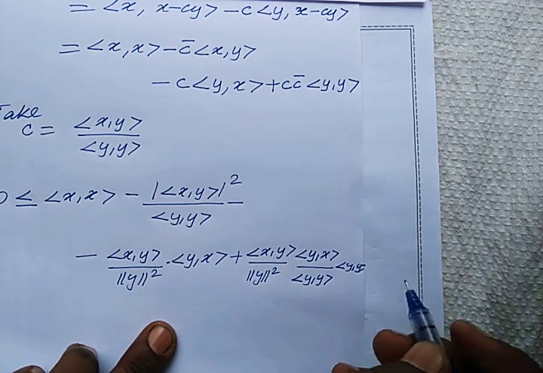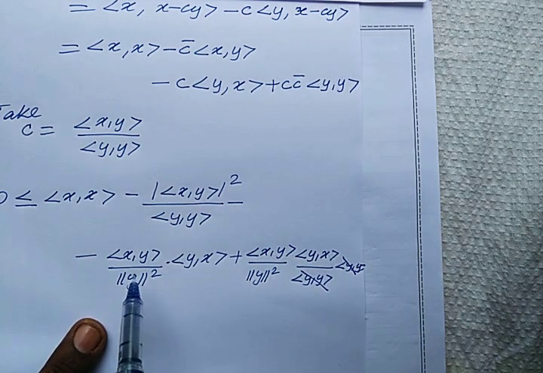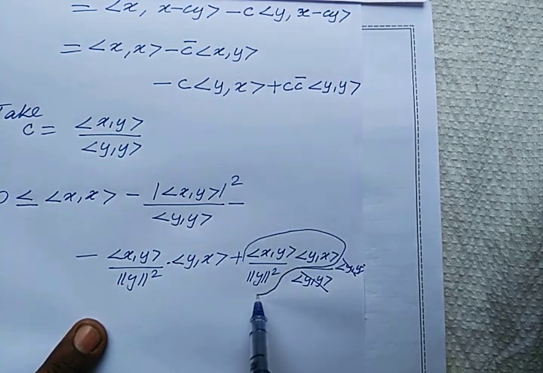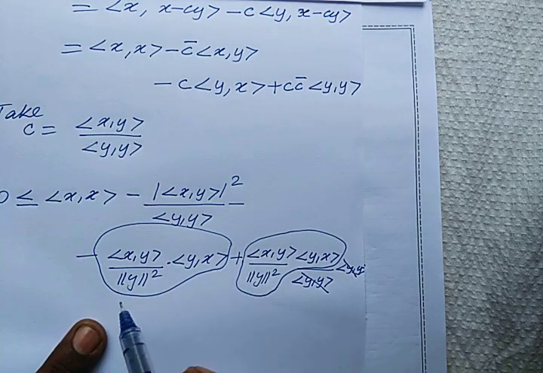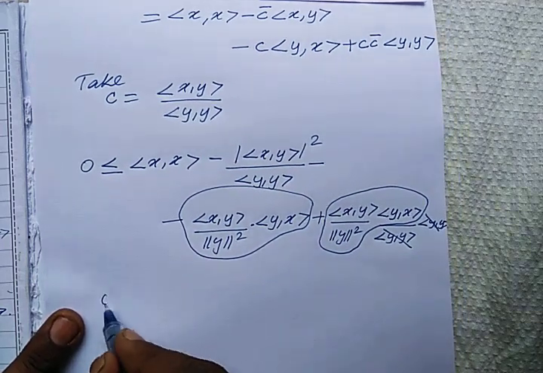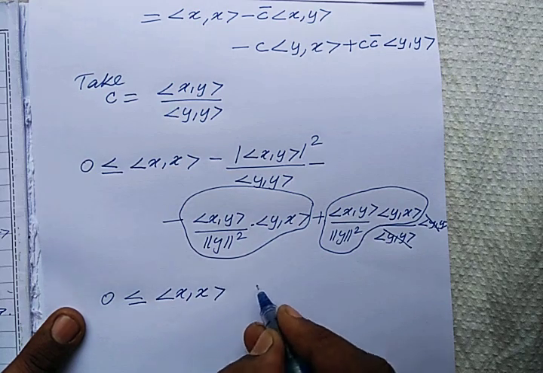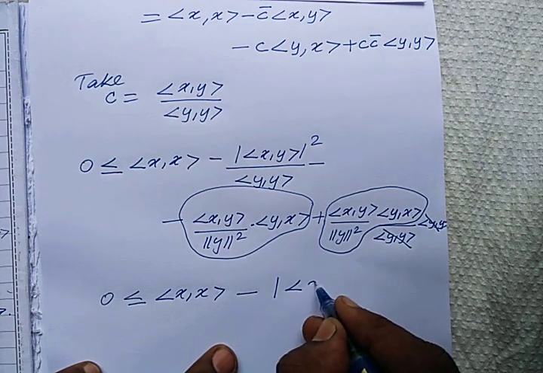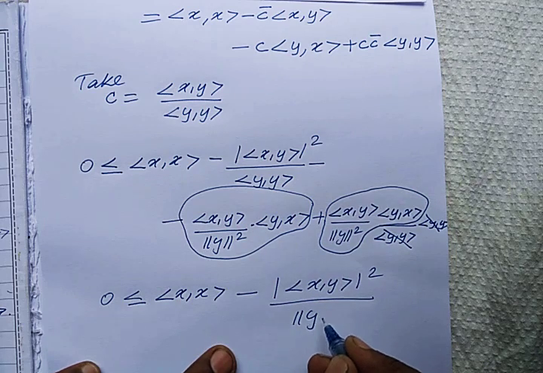Here both terms get cancelled, and for the remaining terms we have a minus sign, so these two get cancelled. We get the inequality 0 is less than or equal to the inner product of x comma x minus the modulus of the inner product of x comma y the whole square by norm y square.